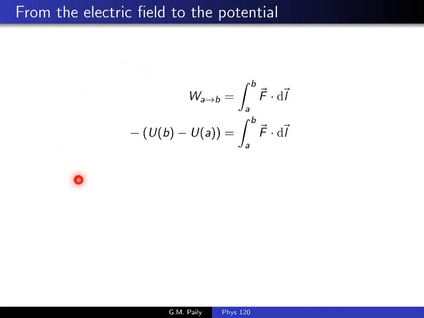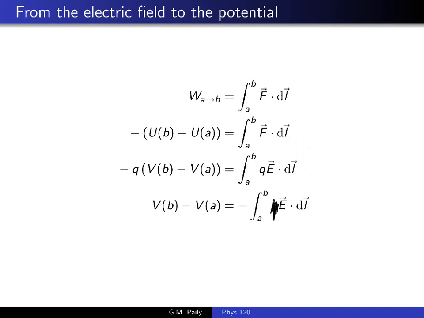We know, however, that for a conservative force, the work can be related to negative delta U. And in this case, we know that potential energy can be related to potential. We pull out the point charge Q. And electric field and electric force can be related. And we pull out the point charge Q. And so finally, we have this other relationship between electric potential and electric field.